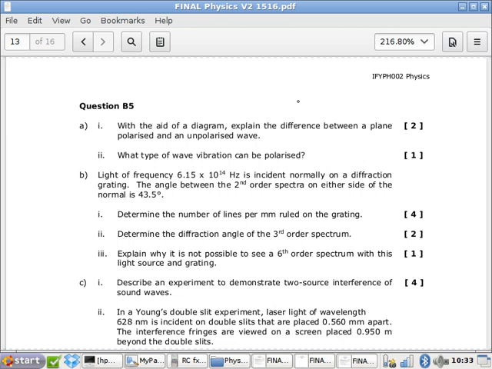So for example, if you got the d is, I don't know, 0.6 micrometers, you would have to just get the reciprocal of that. So you would do 1 over 0.6 micro, and that's how many lines you have per meter.